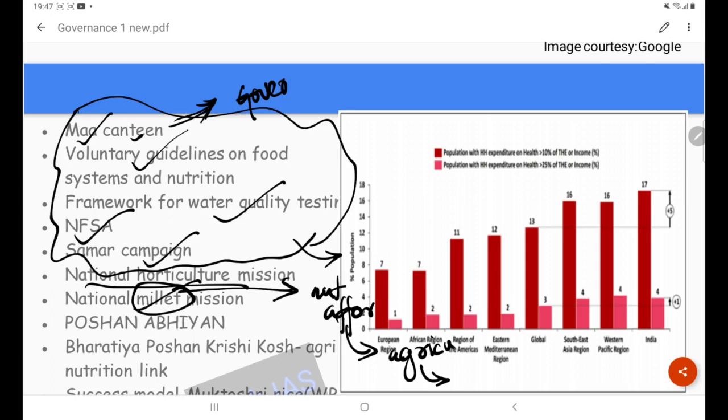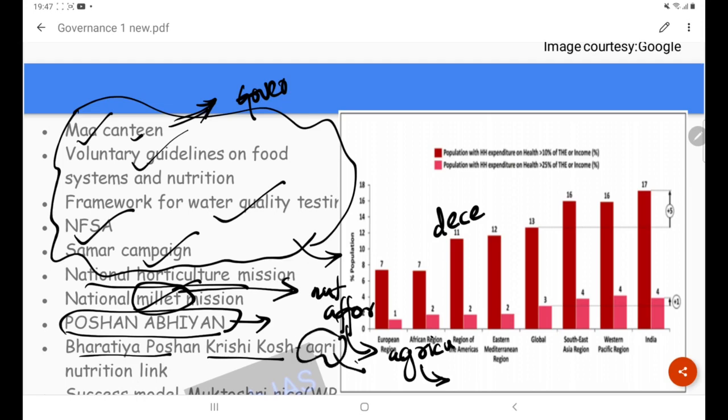So this becomes important. Nutri-cereals are very important for nutrition also. Then Poshan Abhiyan is taking a decentralized approach in healthcare. Then Bharatiya Poshan Krishi Kosh is about establishing a link between agriculture and nutrition, and what can be done in agriculture to enhance nutrition.